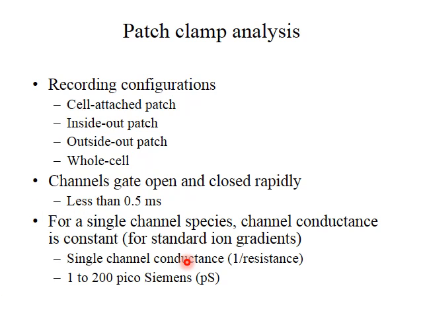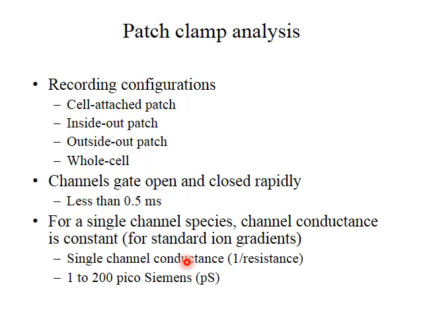We've also learned that for a single channel species, when the channel is in an open state, a constant number of ions per second will flow across the channel, because the open pore has a certain size which is the same in all channels of that specific channel species. We can characterize the size of the channel opening by measuring how much current flows through the channel pore.